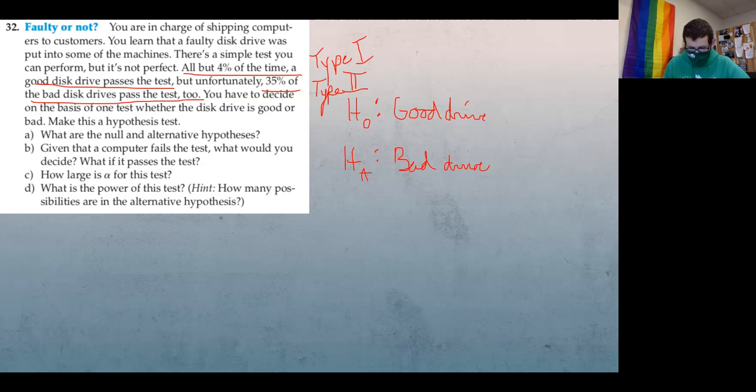Given that a computer fails the test, what would you decide? What would you have to conclude?